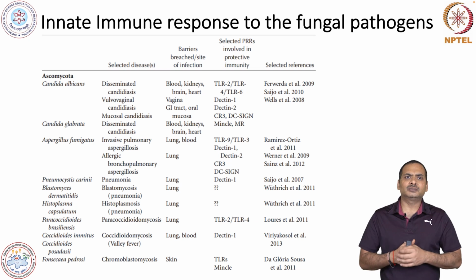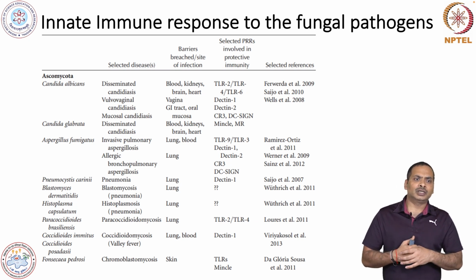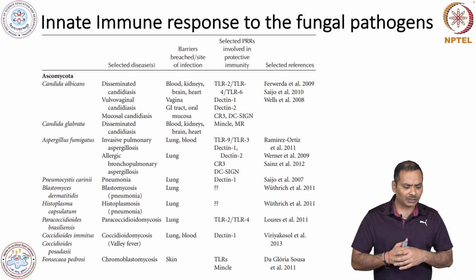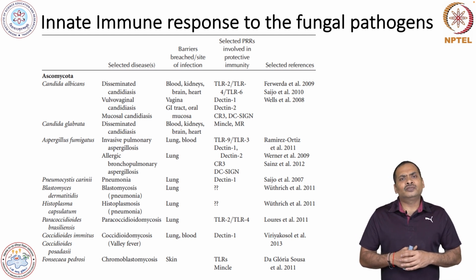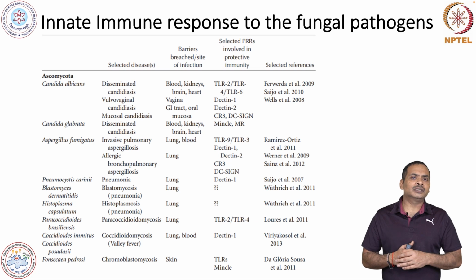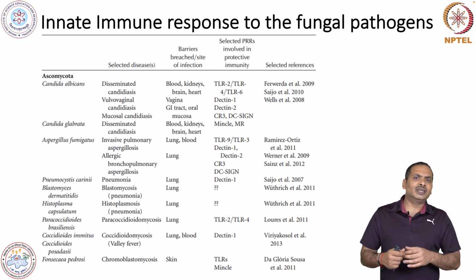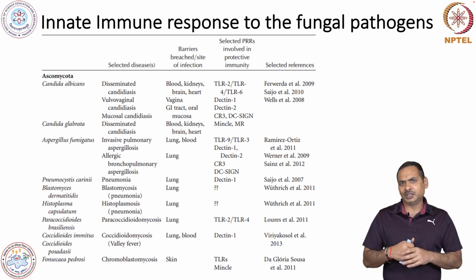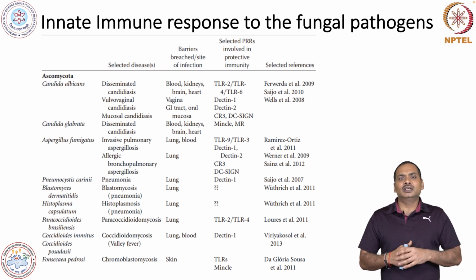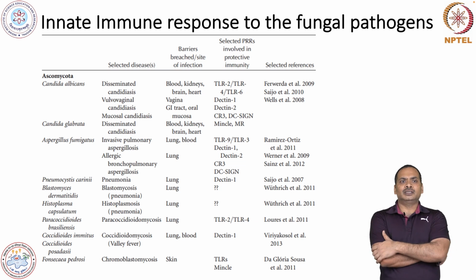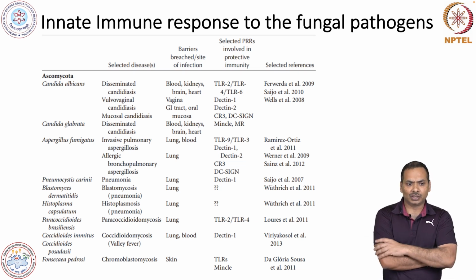All these fungi belong to the Ascomycota, a family of fungi which make hyphae with septa. A septum is a kind of partition in the hyphae, and that's why they call it Ascomycota.